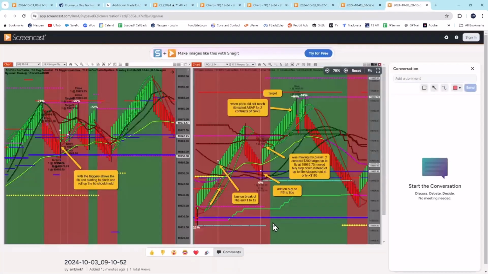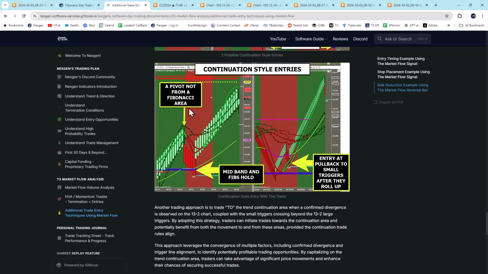And then ultimately your third one was your long trade from support with the small triggers rolling up, which is what I just told Jonathan about, the continuation style entry from an area that's supposed to hold. Now, the idea of mid-band should hold is a really, really good concept. But you have to be comfortable in your skin to say, hey, it's really supposed to hold, so I'm going to do the more assertive entries. And a lot of people are not really good at the assertive entries. Some are, some are not.